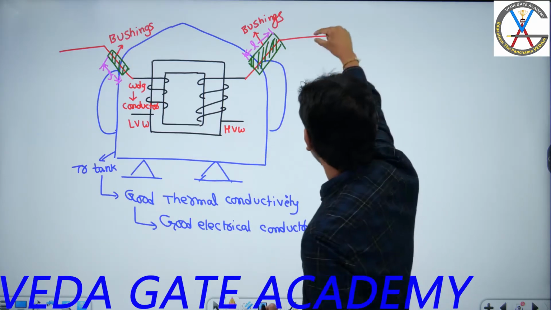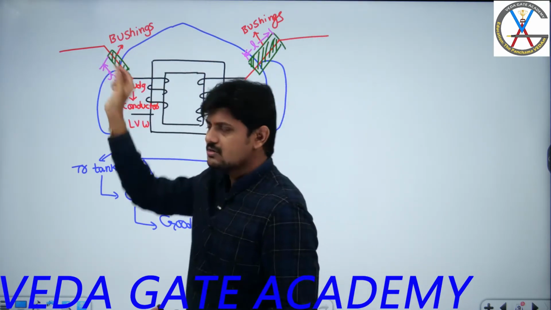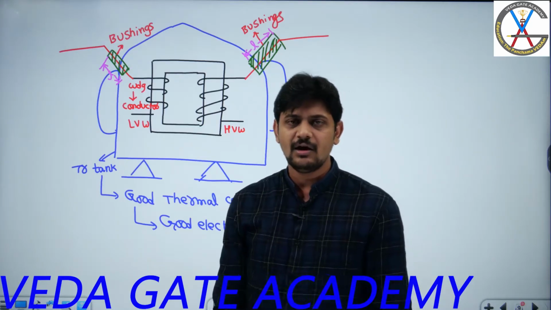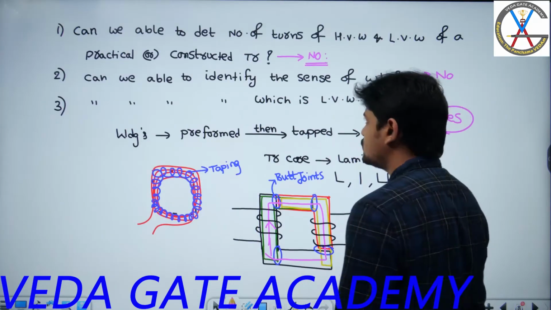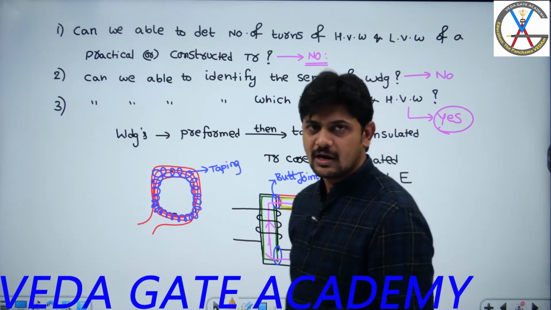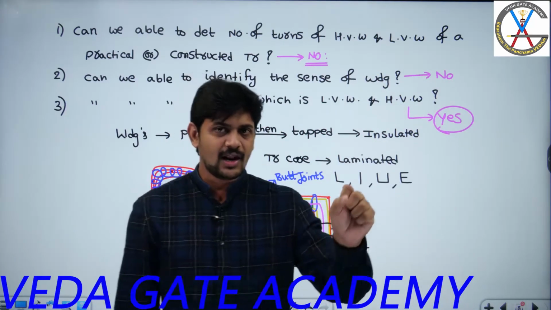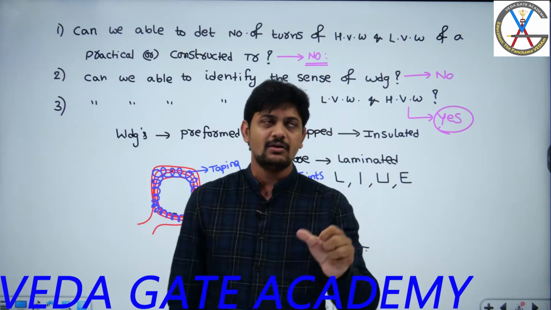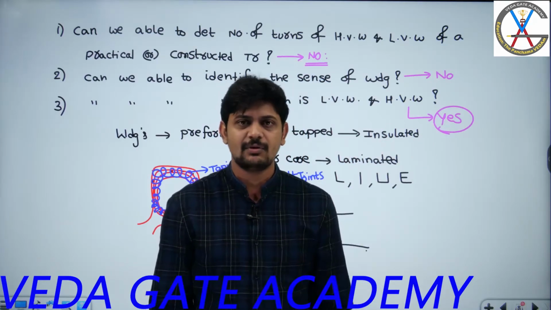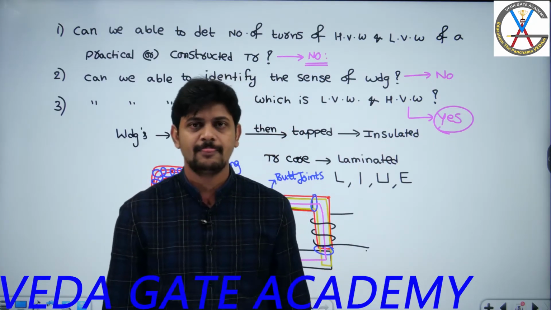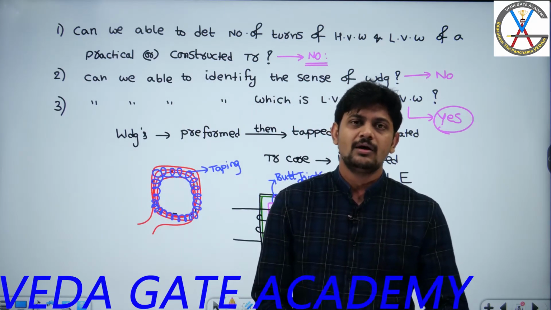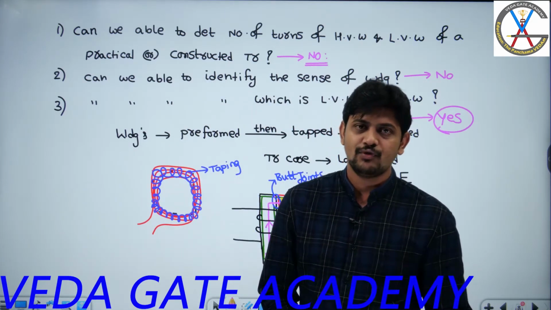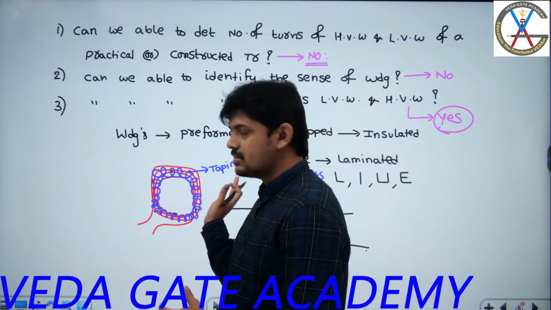Of course, even by seeing the area of cross section of the conductors, we can say which is the LV and which is the HV winding. So these are the three important interview questions which you need to understand. Can we identify the number of turns of the HV and LV winding after installation or construction of the transformer? No, because the transformer windings are completely preformed, taped and insulated before they are wound on the transformer core.